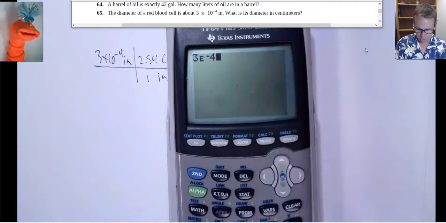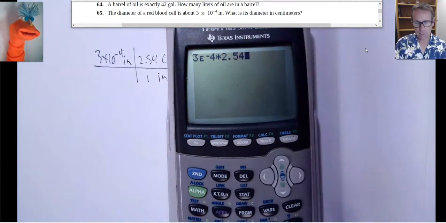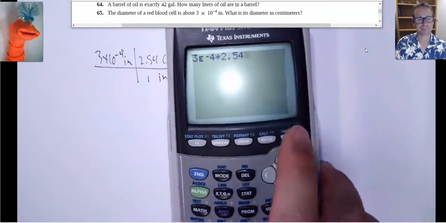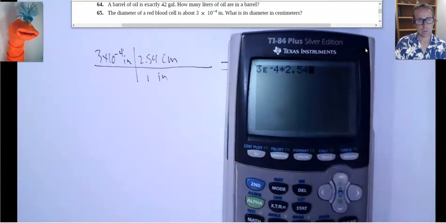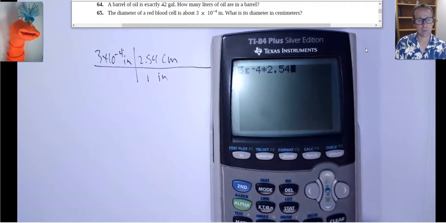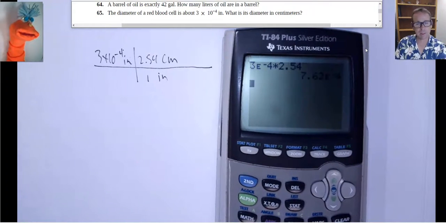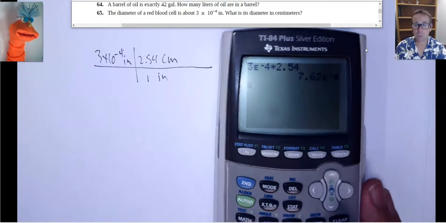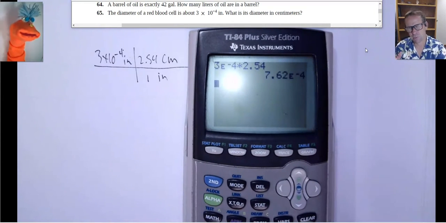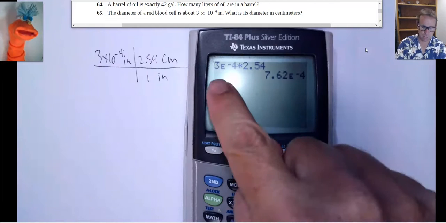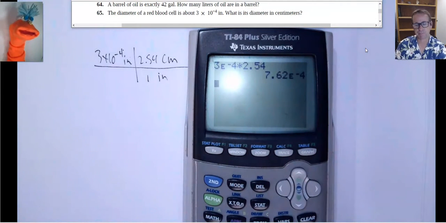When I multiply that by 2.54, then it will follow the order of operations correctly. So sometimes calculators get confused if you don't write the scientific notation the right way.